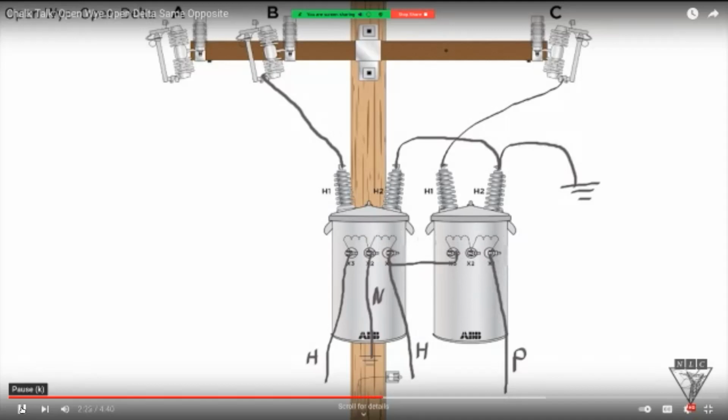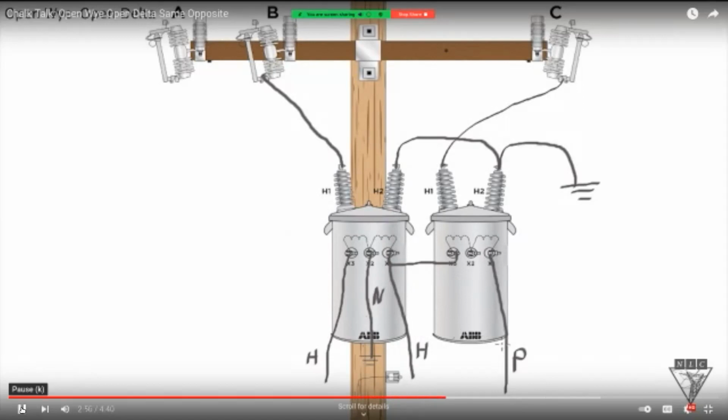The reason why that's important is predominantly an open bank is used where you have a single phase load, that's the primary load, but then you also need some three-phase power. That single phase load, which usually is like a home, you want to make sure and use the 2 hot legs and the neutral for that home.